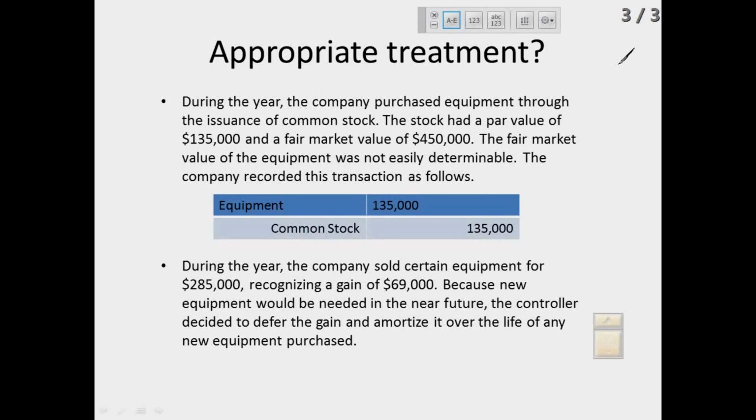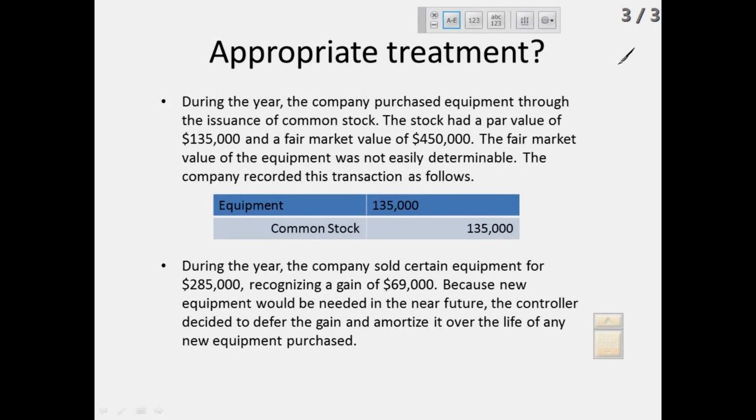This is deliberately to remind you what historical cost means. Historical cost doesn't mean something irrelevant. The point of historical cost is to say, on the date of the transaction, when we make an exchange, I'm paying you something, you're paying me something.